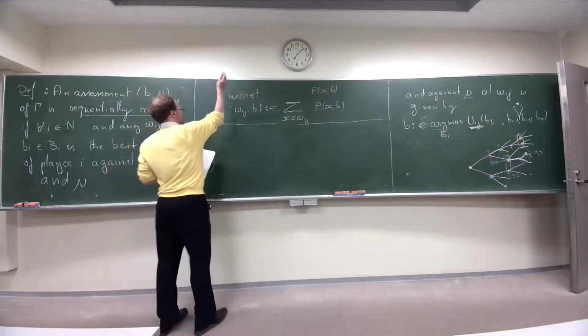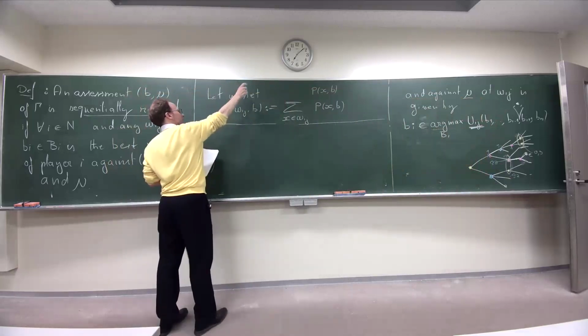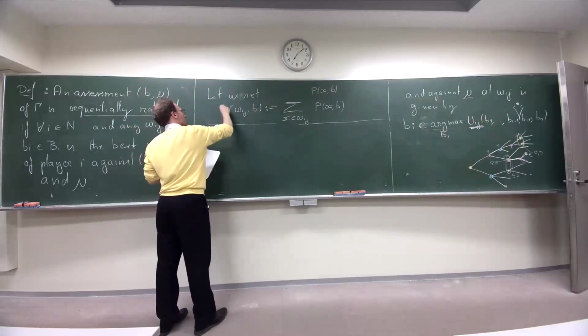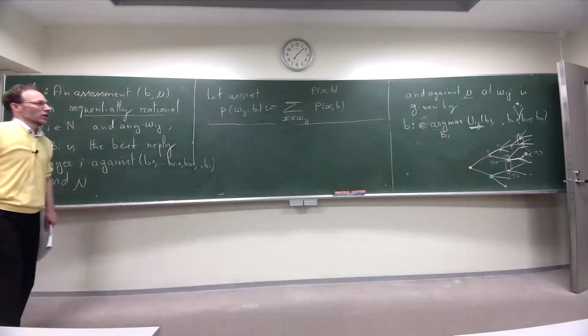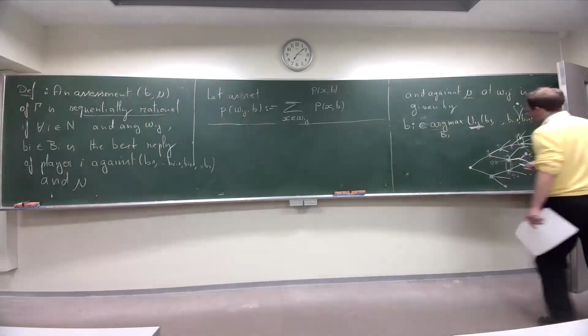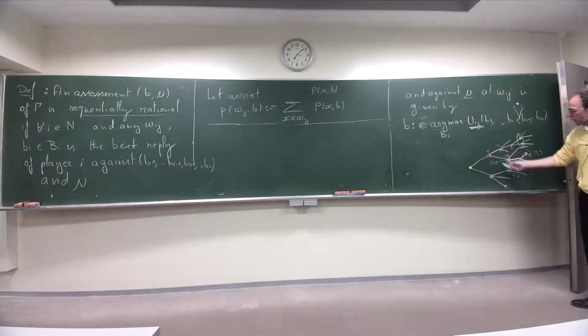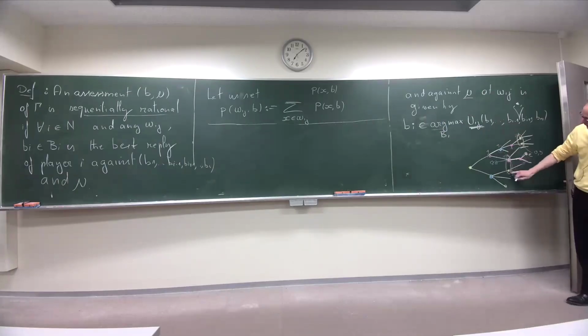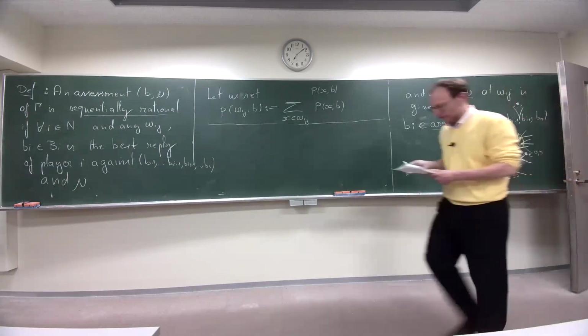And so now let us set P omega ij B. Remember, we had a weight on each x, a probability of reaching each x. Now, if we have in omega ij two x's, I just take the sum, because the probability to be at one of these two points is the probability to be here plus the probability to be here. So that's natural to take the sum.